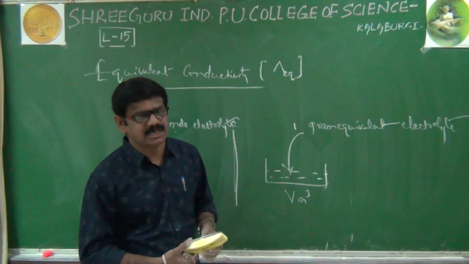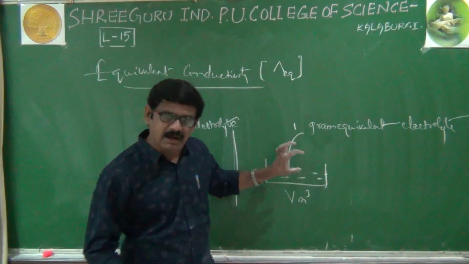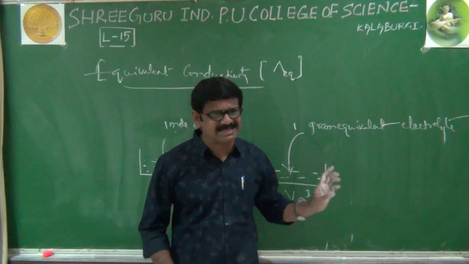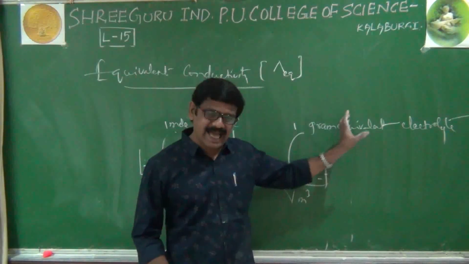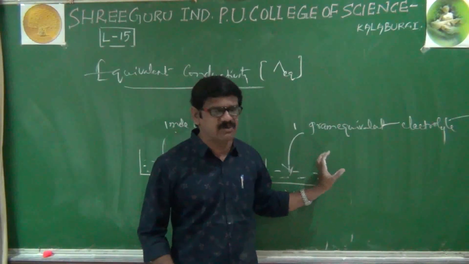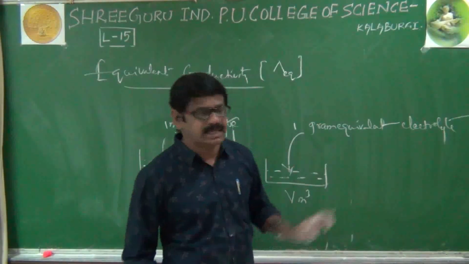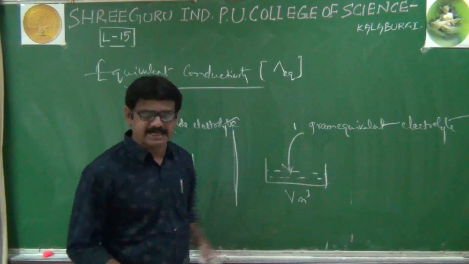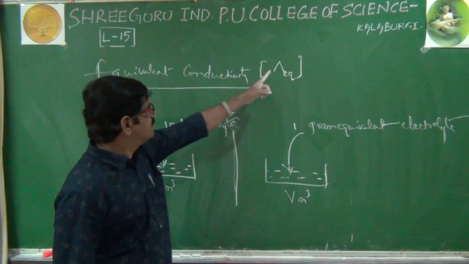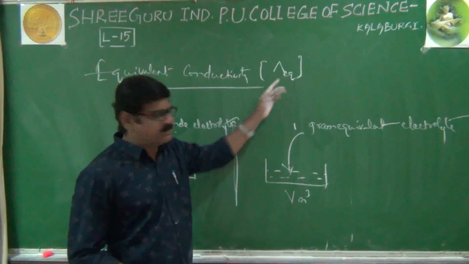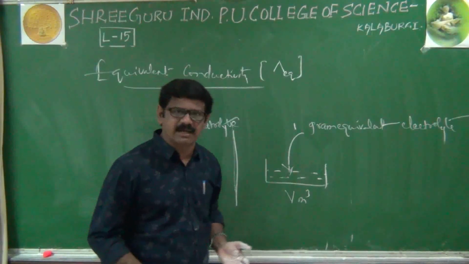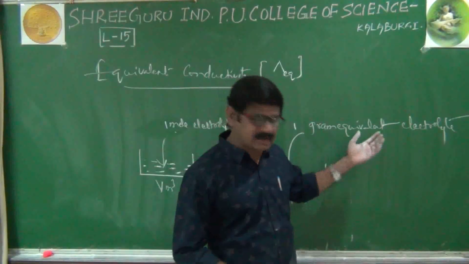That's it. I'll repeat: the conductance of all ions produced by dissolving 1 gram equivalent of electrolyte in the given volume of solution is called equivalent conductivity, which is designated with lambda EQ. Now again, I am not deriving its formula. I will write directly its formula like this.